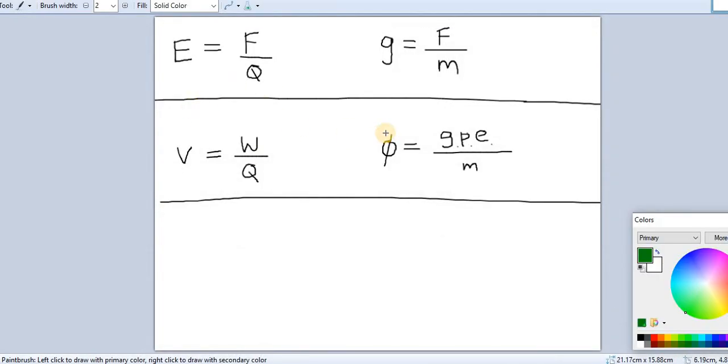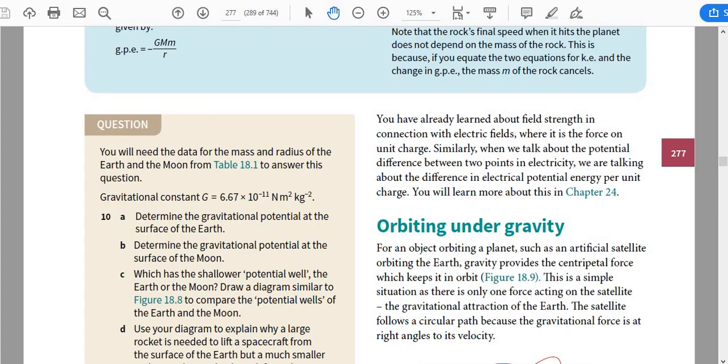Now similar to this one, we have this. Electric field strength is given by force per unit positive charge, so it's force over charge. Similarly, gravitational field strength is force over unit mass. Here it's force over unit charge, and here it's force over unit mass. So we are comparing the two. This is for electric fields, this is for gravitational fields. Here we have electric field strength, and here gravitational field strength. That is what is explained in this paragraph.